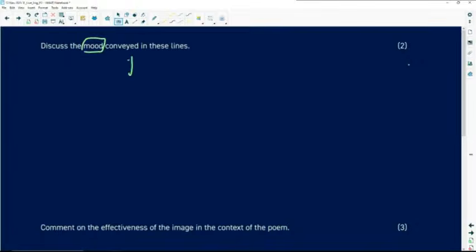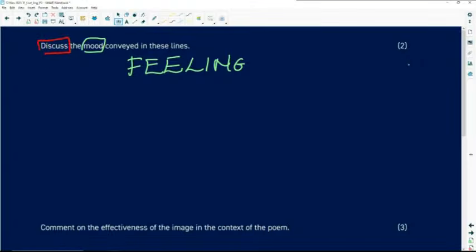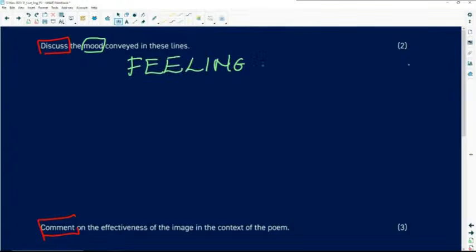Please, mood is a feeling. So if you're asked, question word is discuss. So you always mark the question word and you always mark the keywords. You're being asked for a feeling. Please go back to the lines.